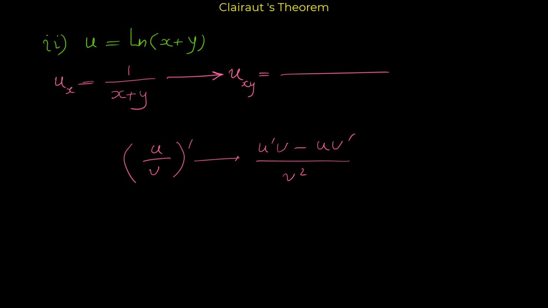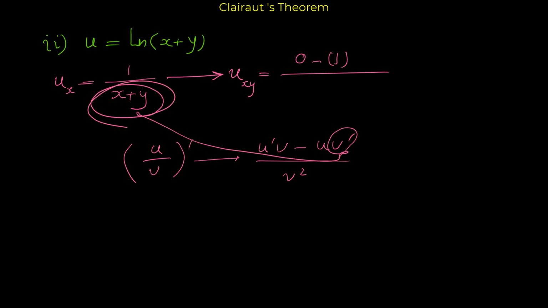This was the formula. u' means the derivative of the numerator. The derivative of the numerator is 0. 0 times the bottom is 0. So then we have 0 minus u, which is the top, but the top is just 1, times v'. What is the derivative of the denominator?